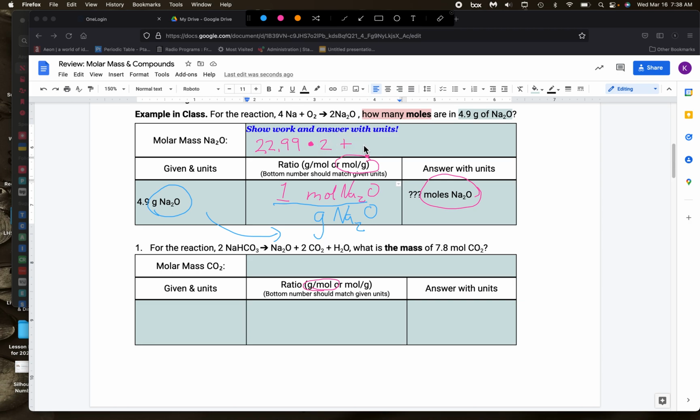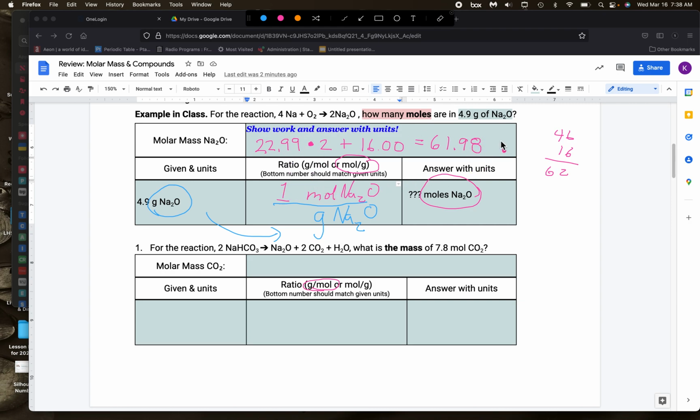And then there's an oxygen, so this will be close to 46 and 16, and I'll add those together and get 62. So it's going to be 61.98 because I wasn't quite at 23.